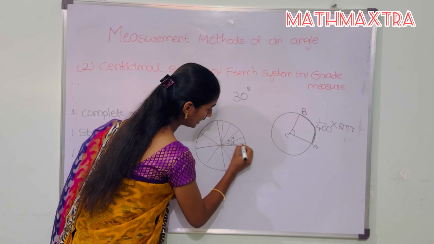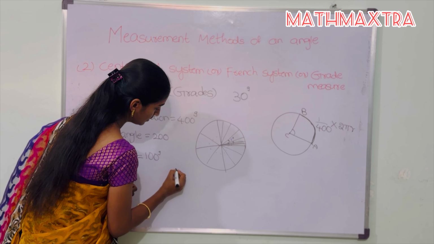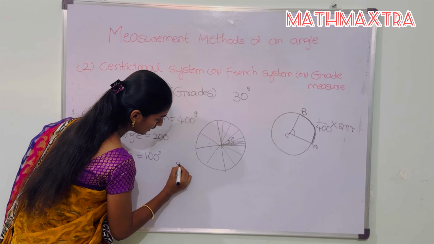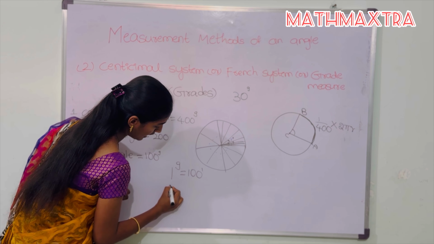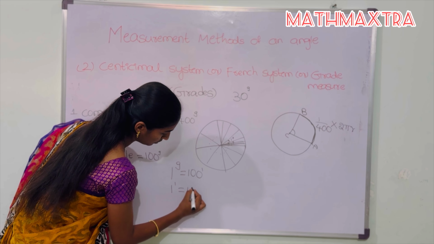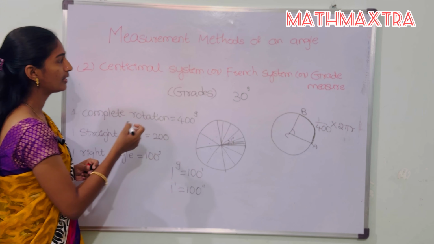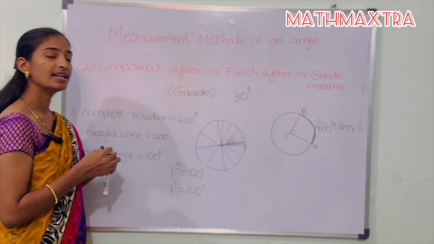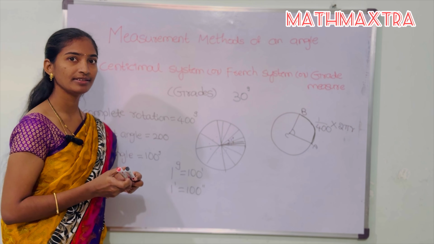That is why 1 grade is equal to 100 minutes and 1 minute is equal to 100 seconds. This is how we represent it in the centesimal system. Do you understand?